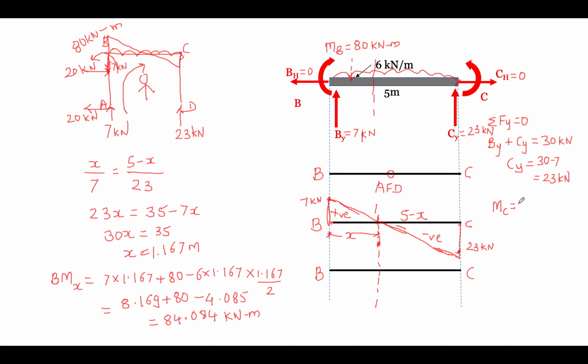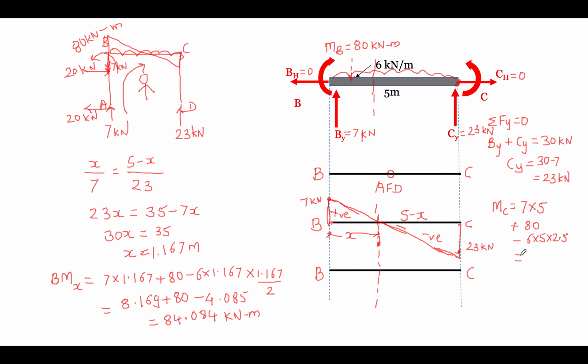Moment at C is nothing but this load into perpendicular distance, 7 into 5. Then plus this moment which is already there, 80. Simply add all the moments, since we are calculating moment about C. Then minus 6 into 5 into 2.5.